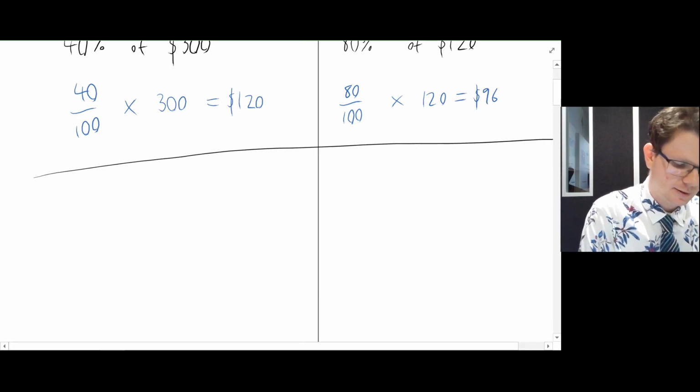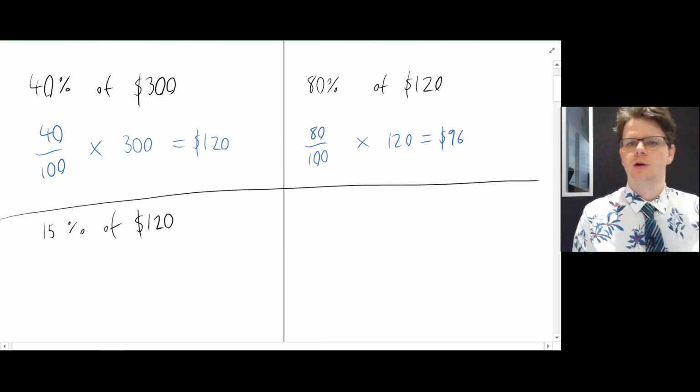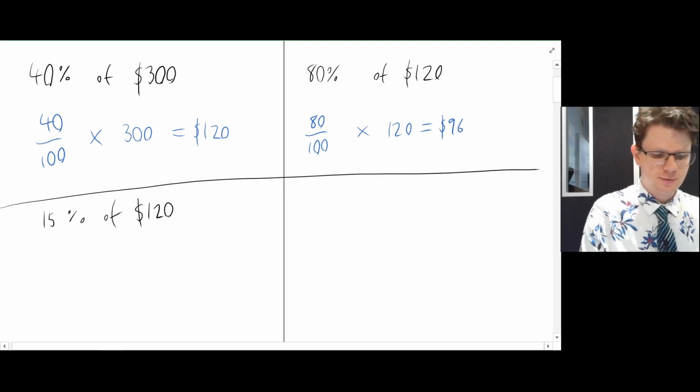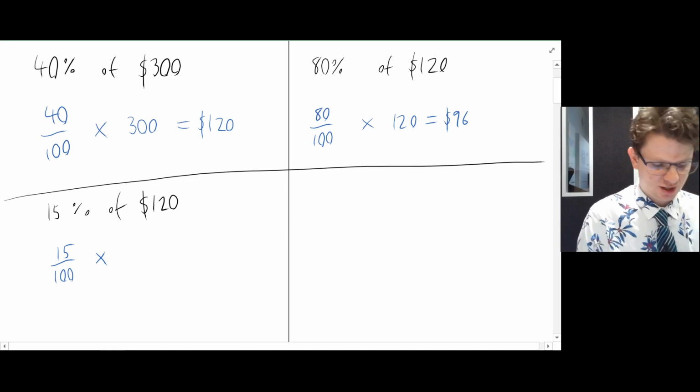Let's do 15% of $120. Try that. 15% of $120. Okay? So it's going to be 15 out of 100 times $120, right?